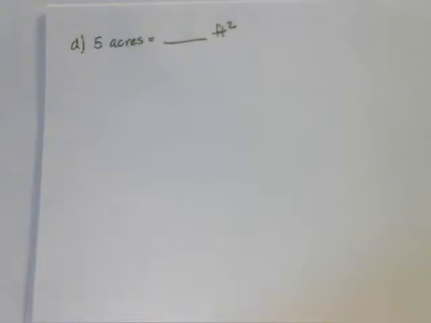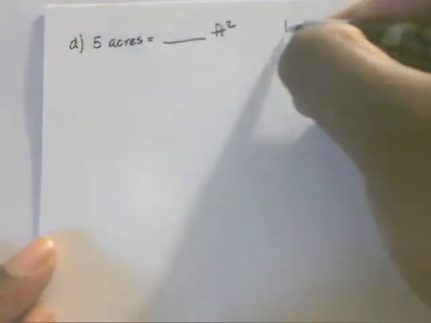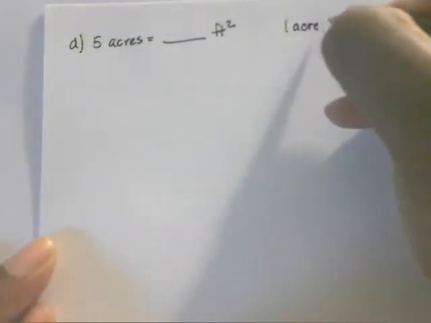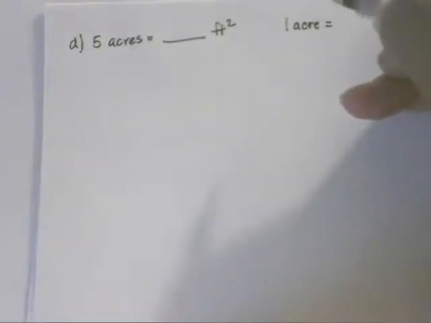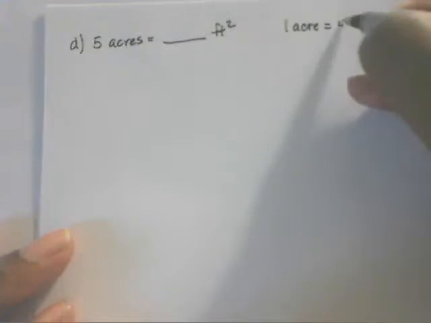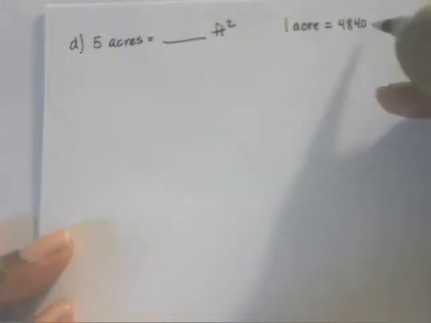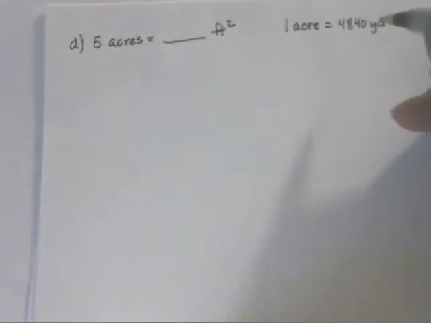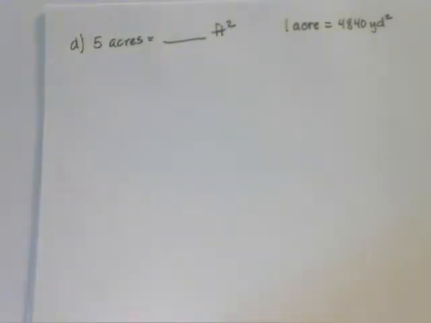Because of the fact that 1 acre is equivalent to 4,840 square yards. Okay.